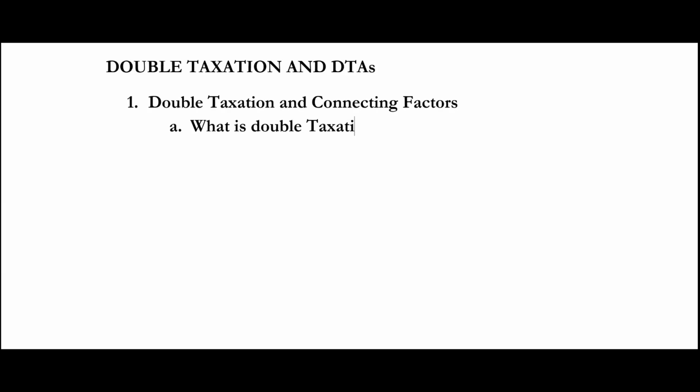So when it comes to double taxation, it's a situation where a person pays tax twice. Double taxation is the situation where comparable taxes are levied on either the same person or the same income twice.